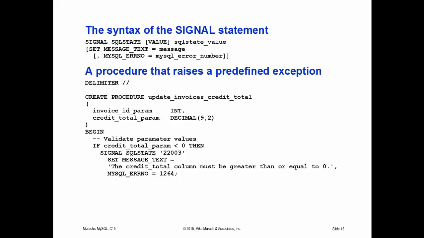If it is, it raises an error with an SQLSTATE code of 22003, a MySQL code of 1264, and a message that indicates that the credit total must be greater than or equal to 0. These SQL and MySQL codes are commonly used to validate parameters since they indicate that the value is out of range for the column.